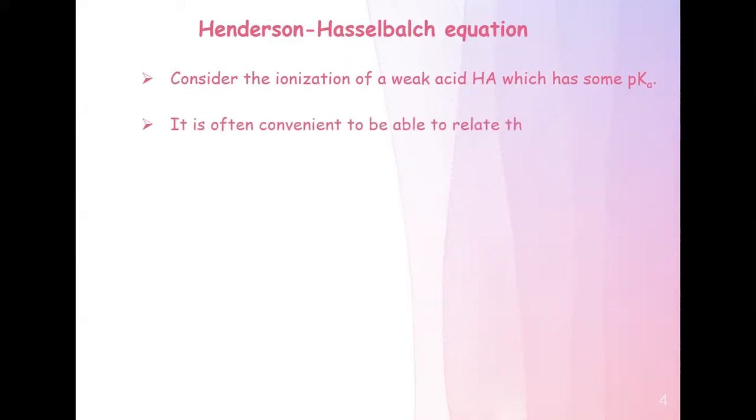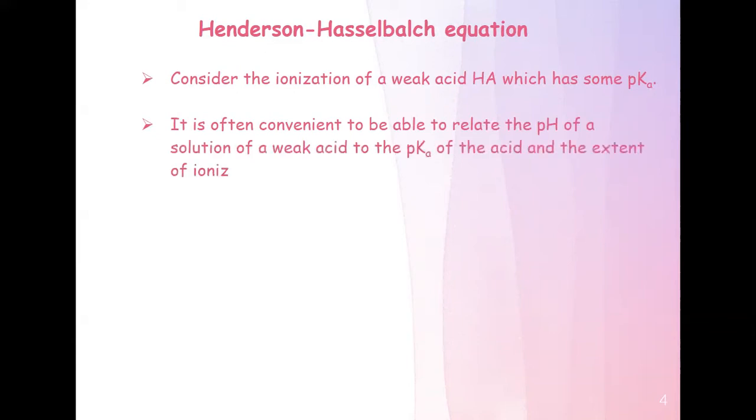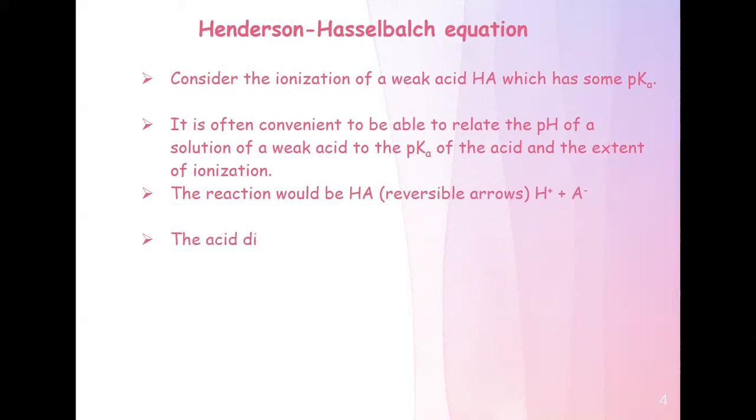It is often convenient to be able to relate the pH of solution of weak acid to the pKa of the acid and the extent of ionization. The reaction would be reversible, H+ plus A-.